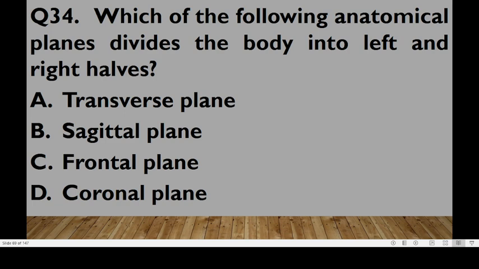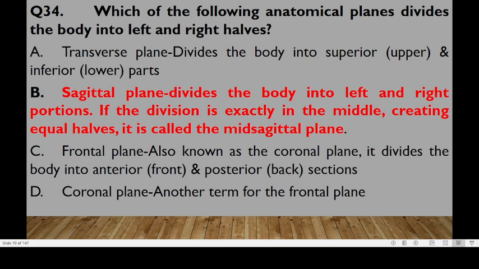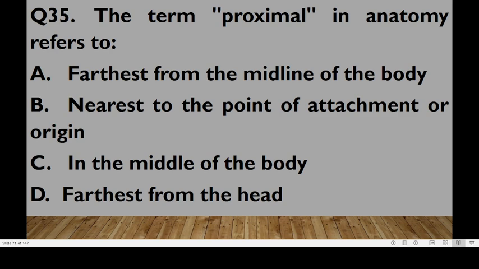Which of the following anatomical planes divides the body into left and right halves? Left and right halves, that is the sagittal plane. It divides the body into left and right portions, and if the division is exactly in the middle, this creates equal halves. It is called the mid-sagittal plane.